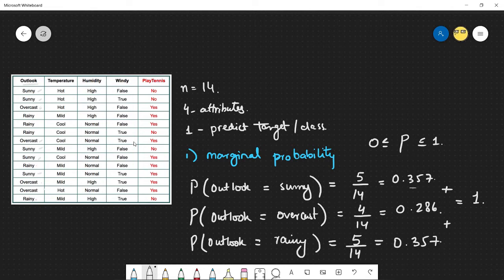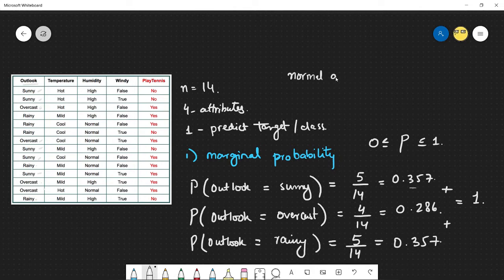In the tennis data set, these are all discrete categorical values, but sometimes we also have numerical variables. For those, you look at continuous distributions instead, and the famous one we know of is the normal distribution.